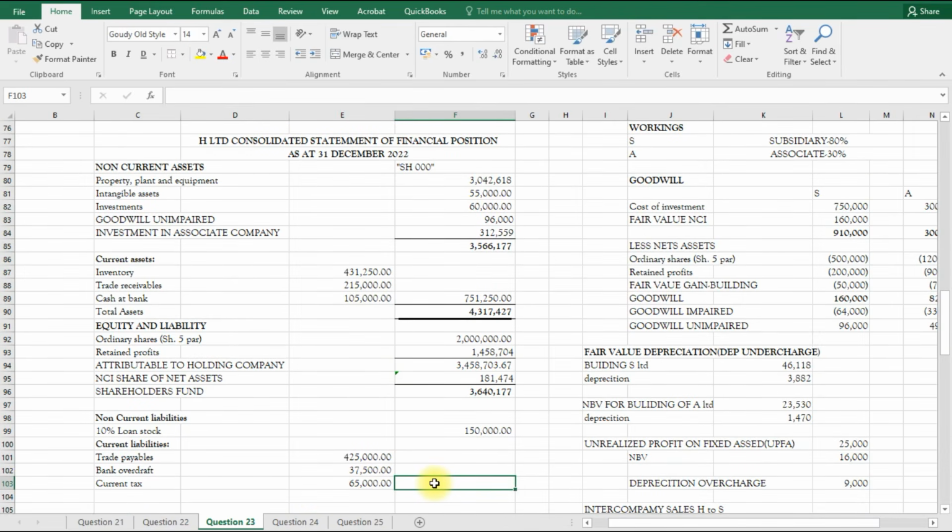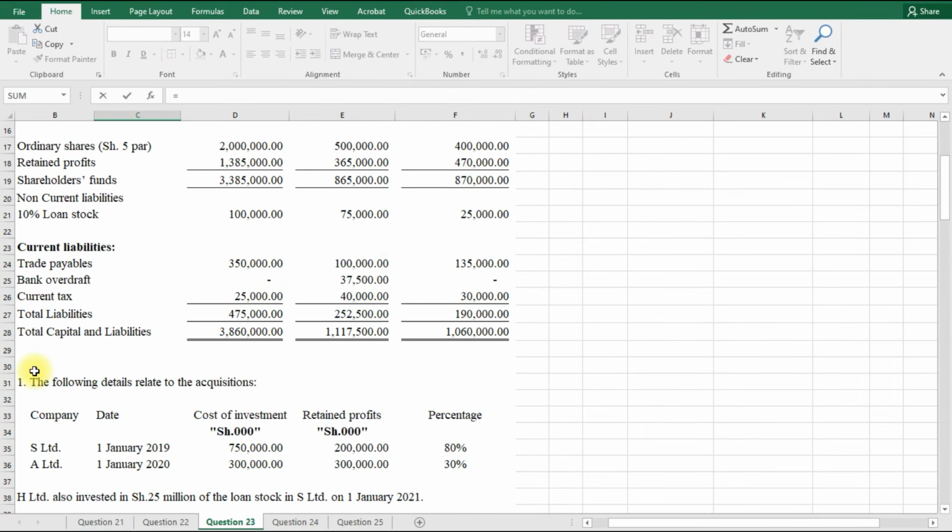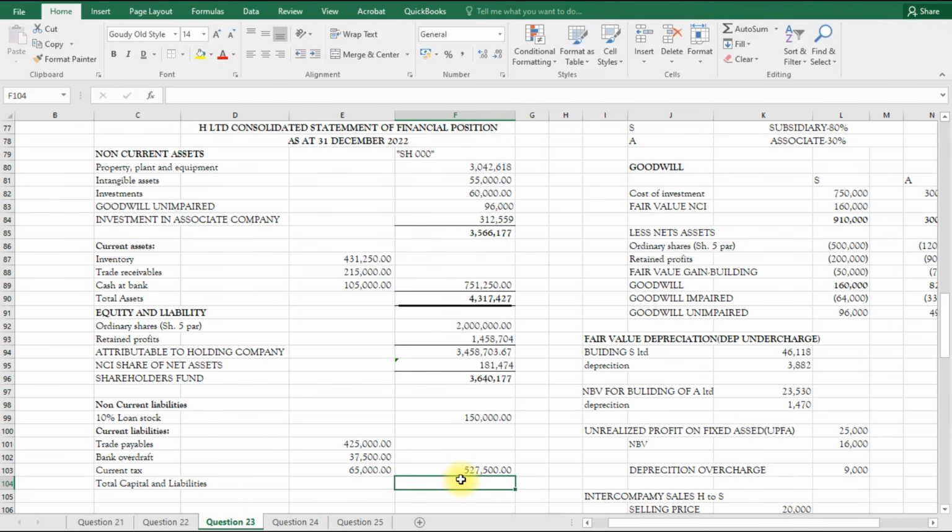So here alt equals, just adjust this to capture that, and here we shall have what we are calling total current liability. Total current liability, alt equals, adjust this to cover up to that point, and you'll get that here we have 4317.